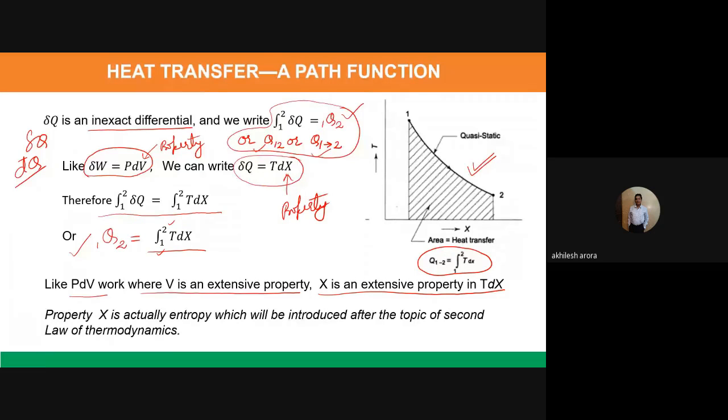Okay. One thing I would like to tell you here is that I can also say that delta W is equal to Pdv. So when I write small v, it becomes specific volume. So mind it, it is a specific volume. But W you need not write small or capital because it's not a property. Only in case of properties, I have told you when it is an intensive property, we will have to use the smaller case letters.